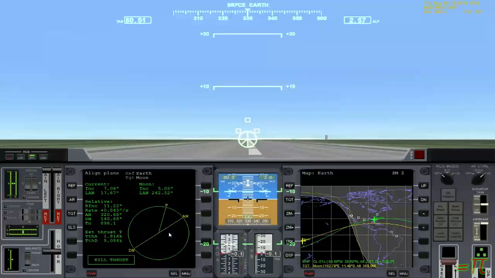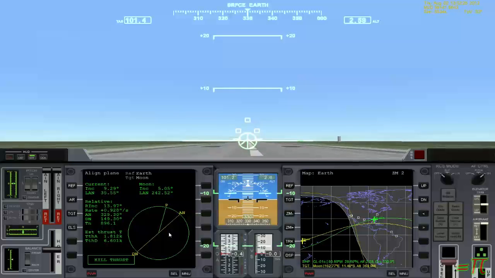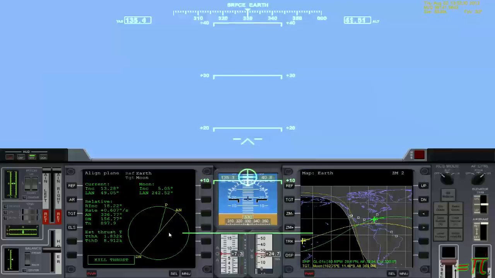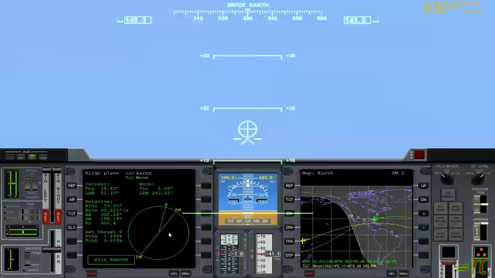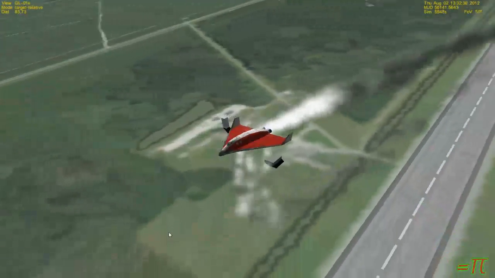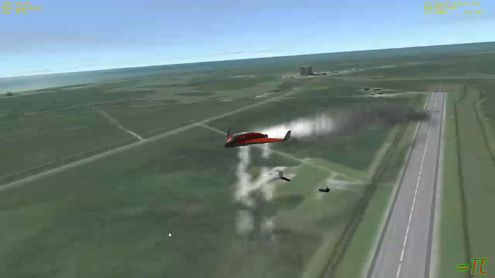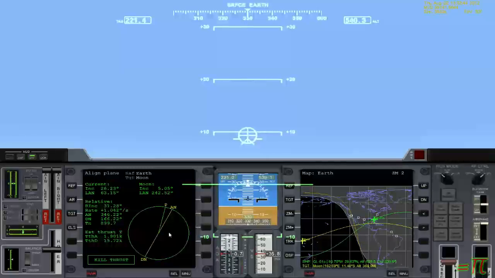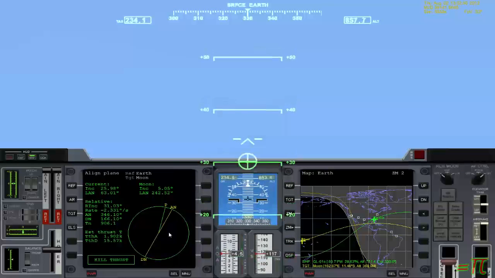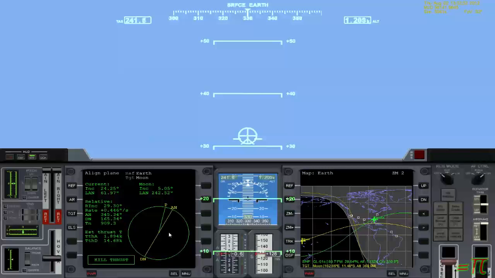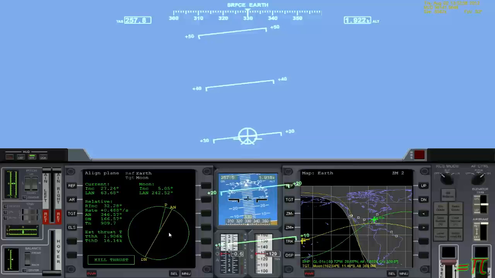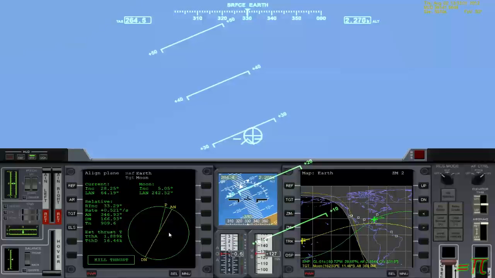Apply a little bit of hover thrust to help the takeoff. Landing gear up. And now pitch up. Cut the hover thrusters and turn to 90 degrees.